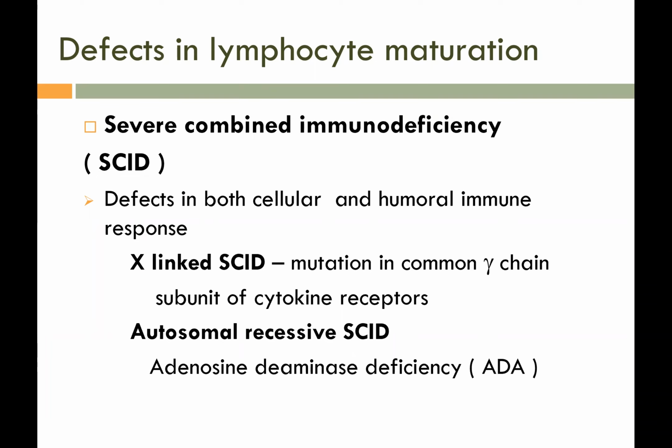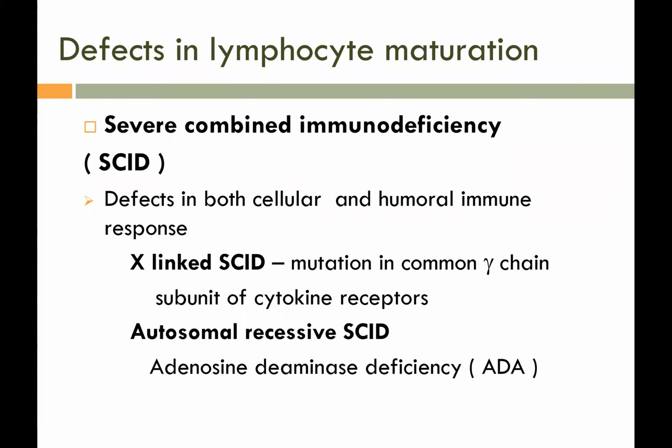And usually it is characteristically presenting with oral candidiasis, extensive diaper rash, and failure to thrive. So these are the common manifestations of patients. The difference is dependent on whether it is X-linked or autosomal recessive if we're talking of transmission. So take note what is mutated or what is deficient.